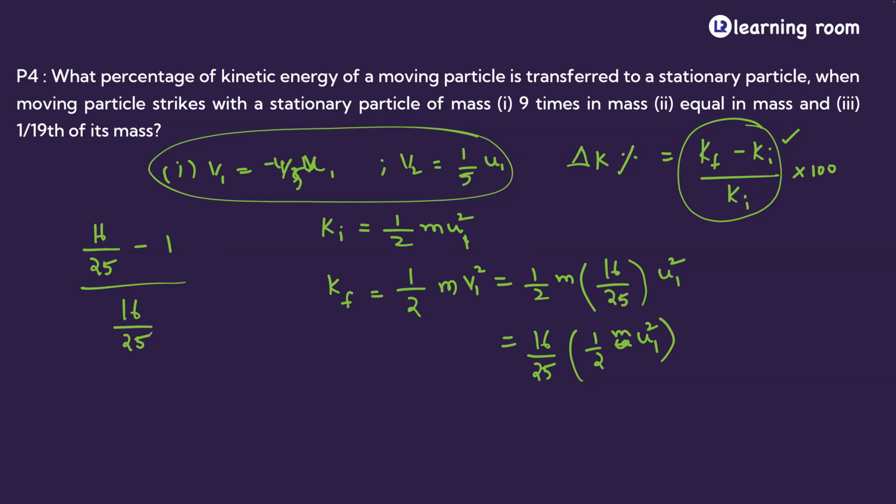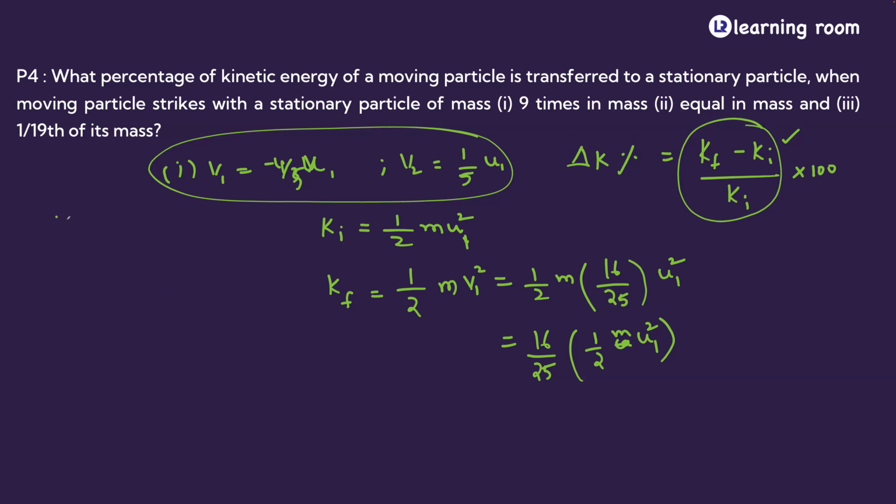Did you understand what I did? K final is 16 by 25 times half m u1 square. Got it or not?